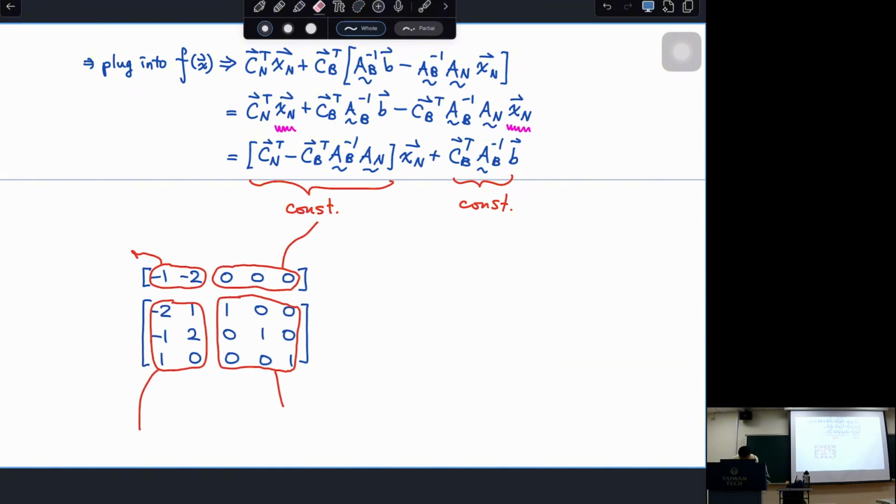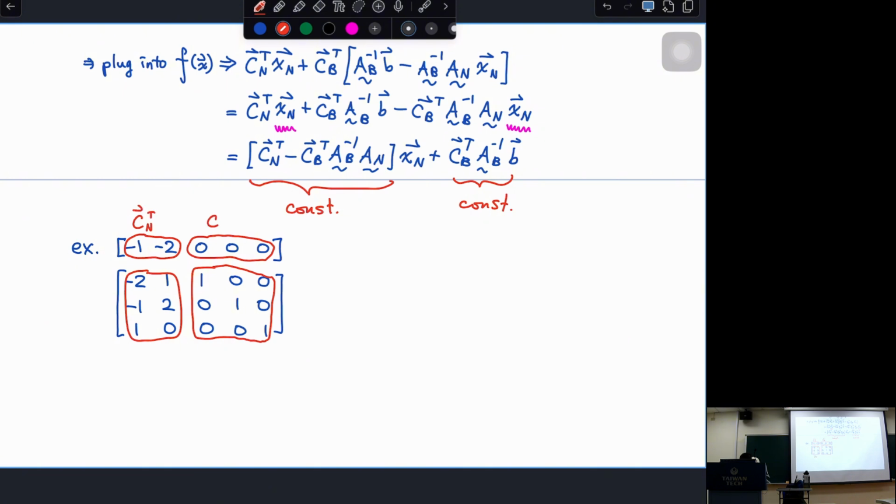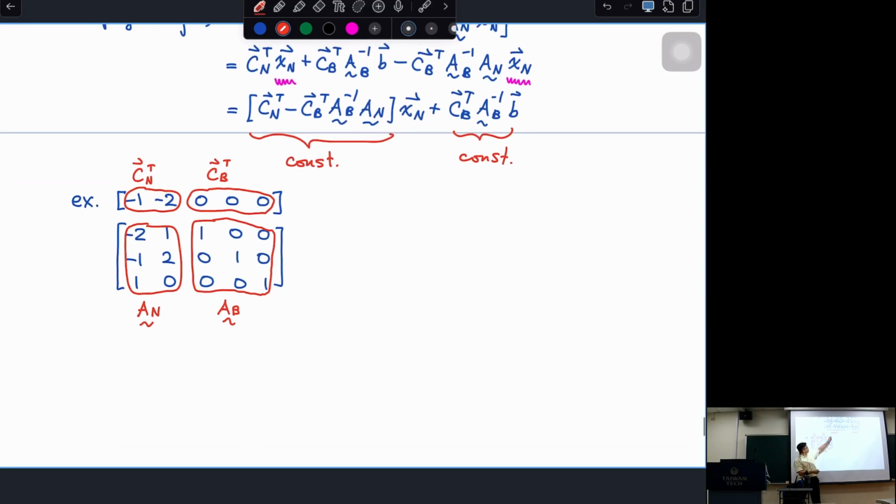Okay, so if I use this one as an example, you will understand this better. So this will be my non-basic part. This is my basic part. This is non-basic. This is basic. So if I try to compute whatever this chunk says, let me try to compute it.